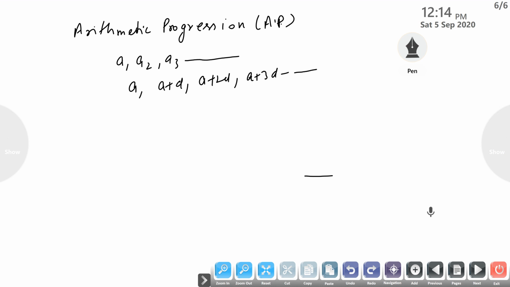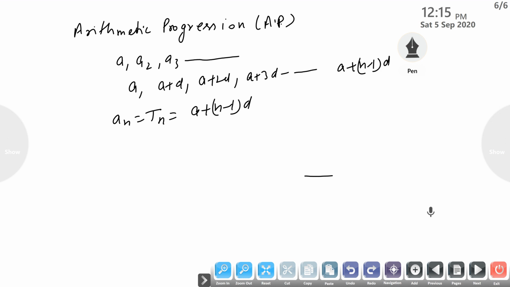Continuing like this, we get its nth term as a plus (n minus 1) into d. Here d is the common difference and a is its first term. So an or Tn, the last term, is a plus (n minus 1) into d. This is its nth term and last term.